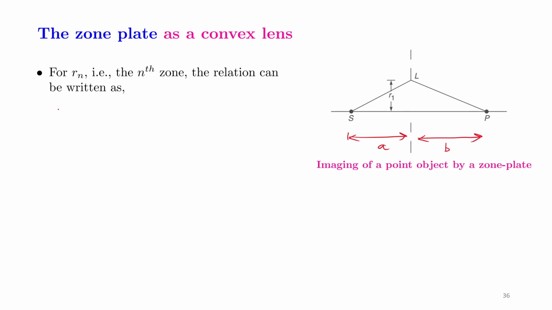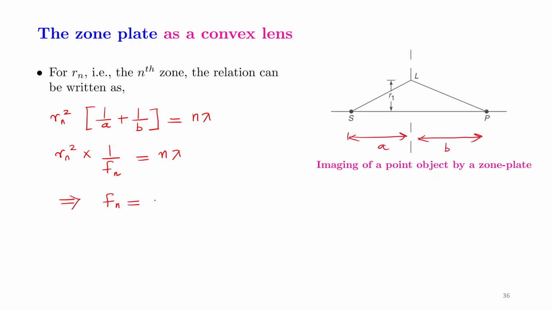If you are considering the nth zone with radius Rn, the equation can be written as Rn square times 1 over a plus 1 over b equal to n lambda. That is Rn square times 1 over Fn is equal to n times lambda, or this gives us Fn, the focal length, as Rn square over n times lambda.